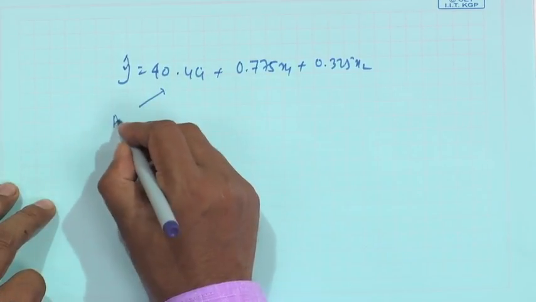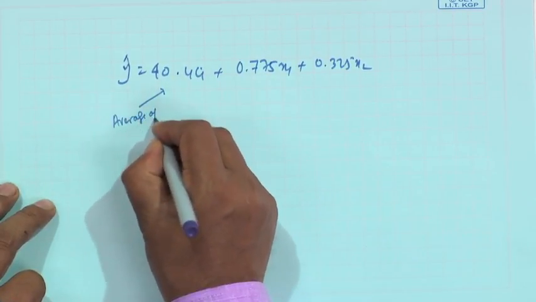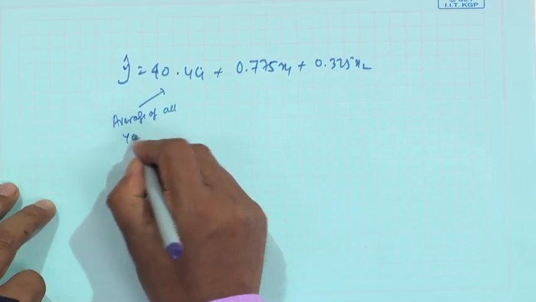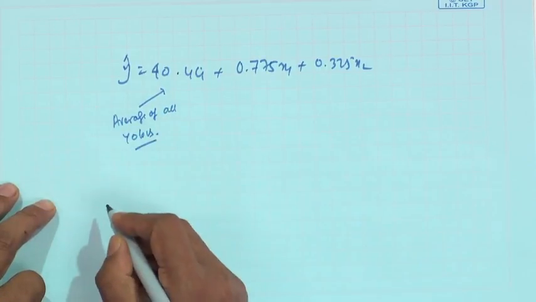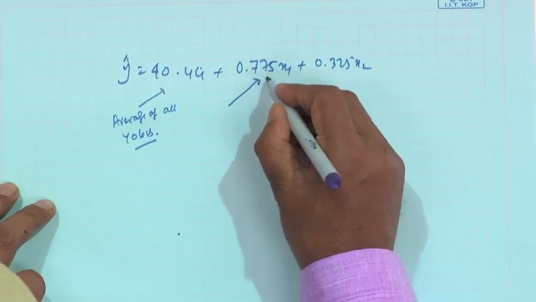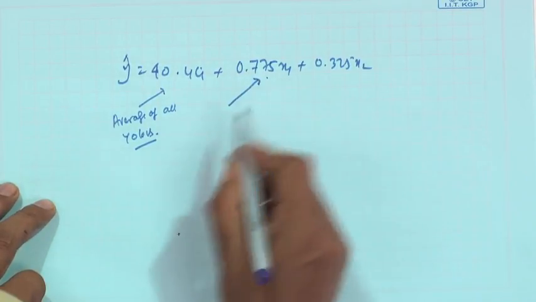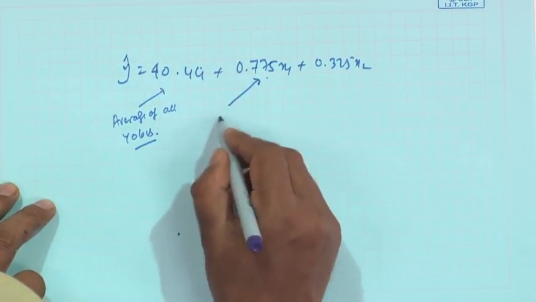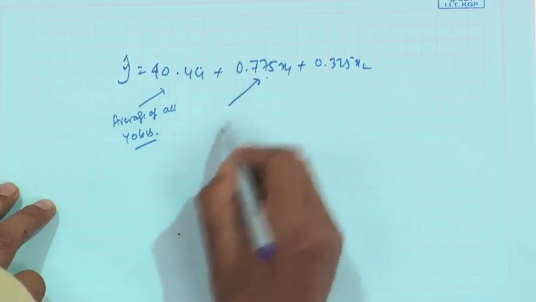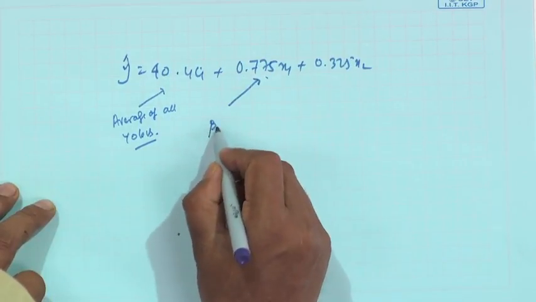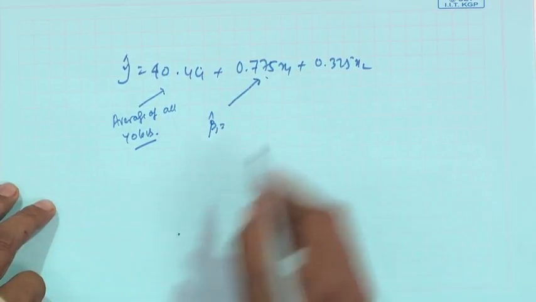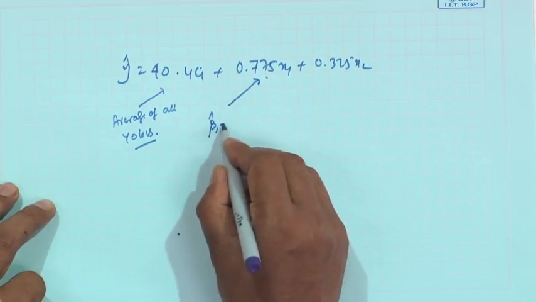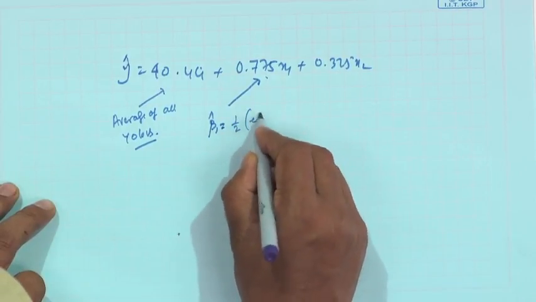This is basically the average of all y observations. Well, how do you get the coefficient of x1? This is beta 1 cap. How do you get it? This is basically 1 by 2 into the effect.